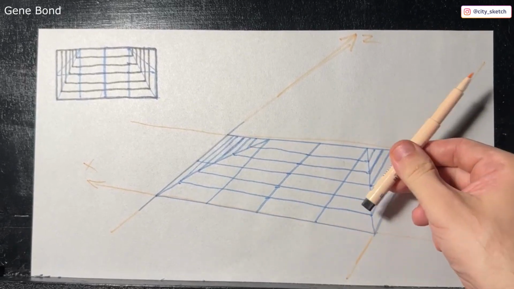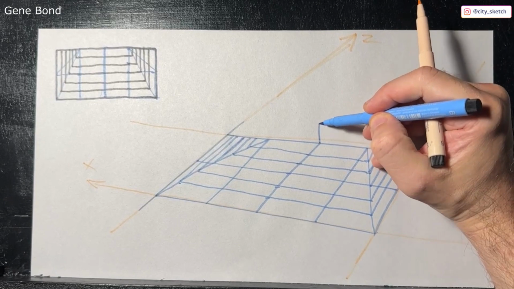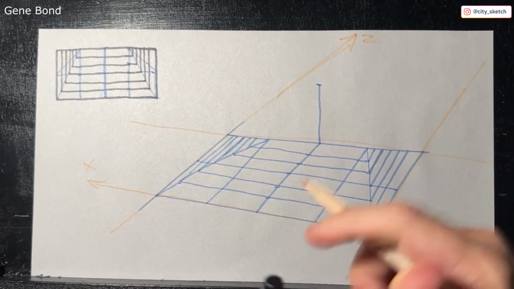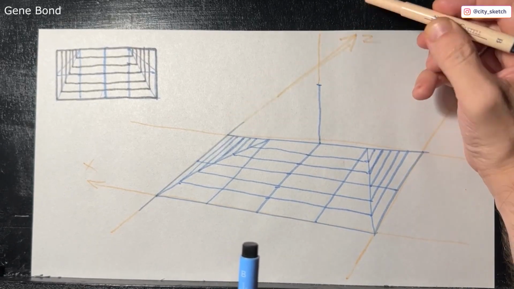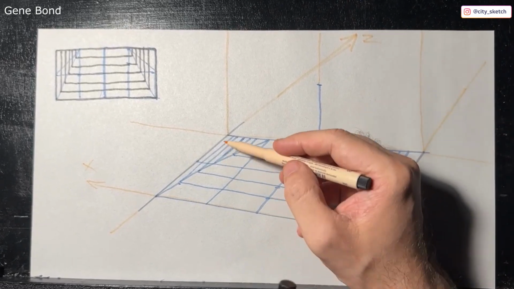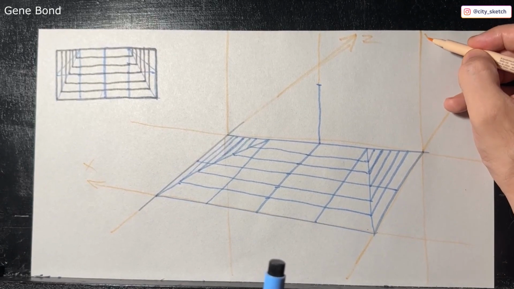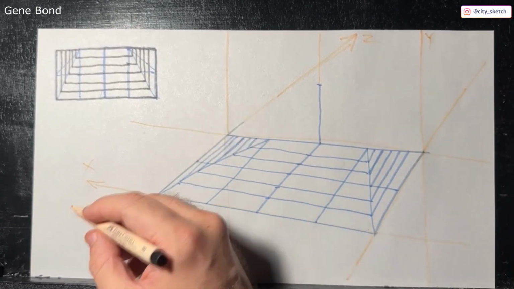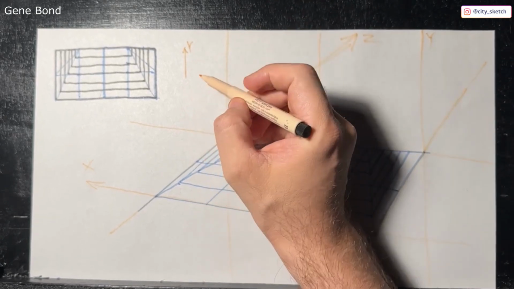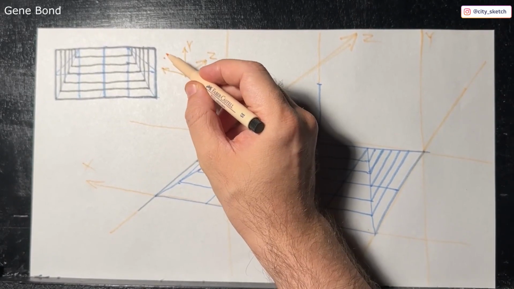We have slight convergence here, slight convergence here, and here will be in the middle. These are vertical lines, and in this situation vertical lines are just vertical with 0 convergence. So it's like a 2 vanishing point perspective, and the vertical lines are the y-axis. If I draw this situation here, it looks like this: y, z, and x.